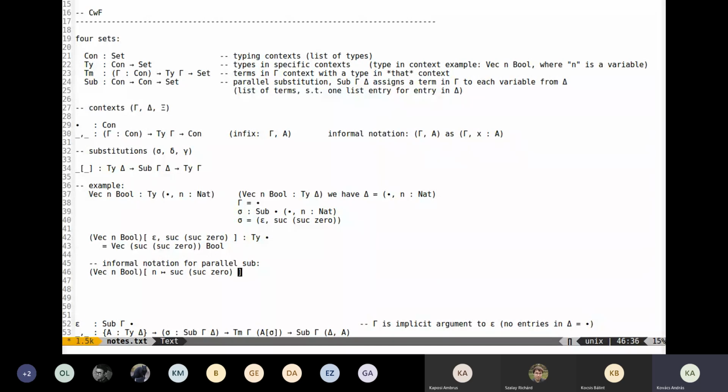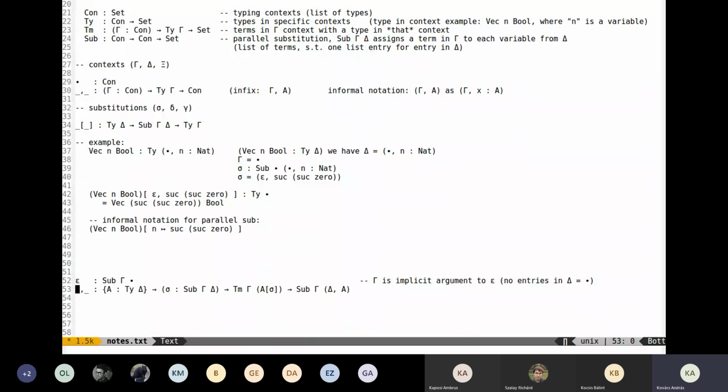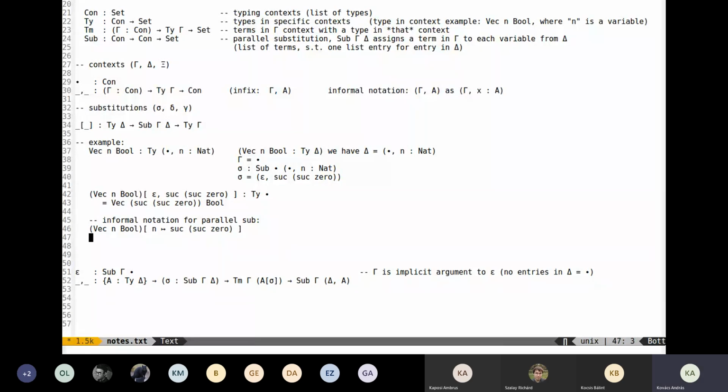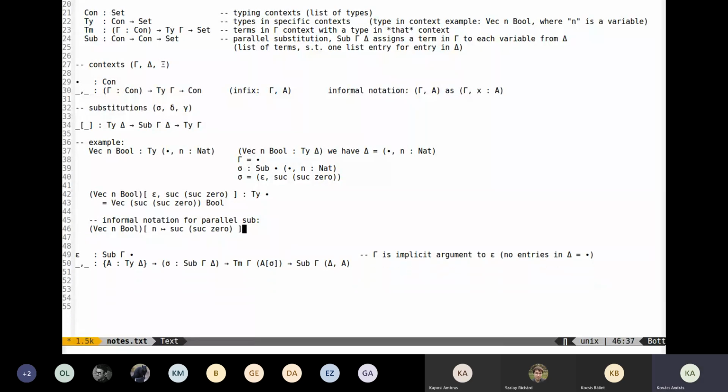I think most people are familiar with this notation. Is there someone who hasn't seen this before? No. Okay. So let's continue with substitution.